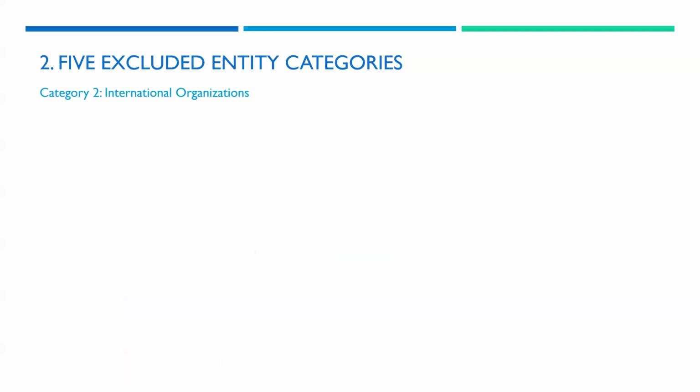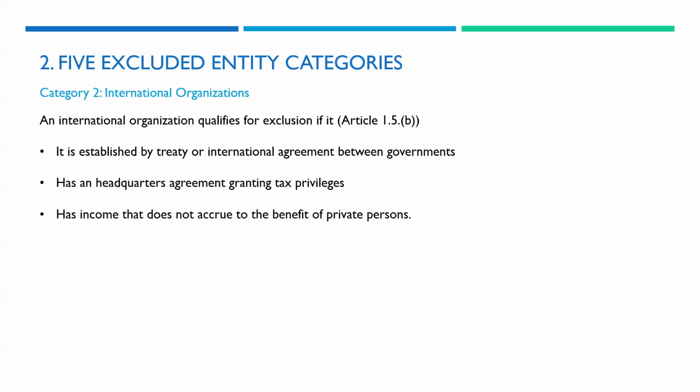Category two is international organization. So, what is an international organization? An international organization qualifies for exclusion if it is established by a treaty or international agreement between governments. Okay, so there are a lot of international agreements. NATO, which is in the news very popularly now, is an international agreement. It is an entity because of an international agreement.